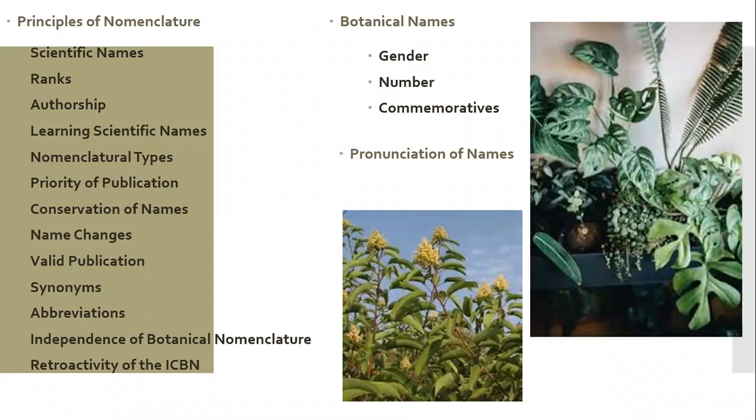But anyways, as a summary, this has been discussed under the principles of nomenclature: the scientific names of plants, the ranks, the authorship of who published the name of the plant, and learning scientific names, how they could be pronounced and memorized. And the nomenclatural types, the types of specimen, the holotype, isotype, and the like.